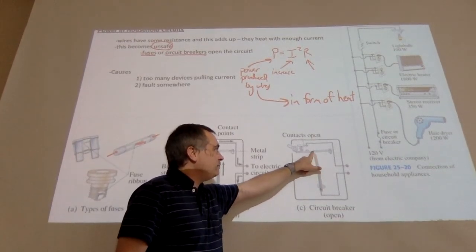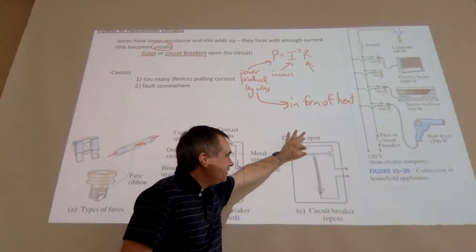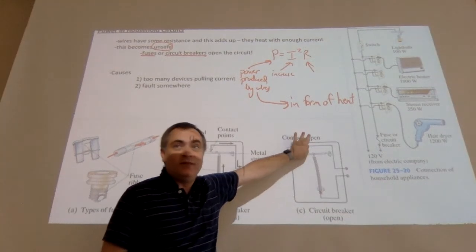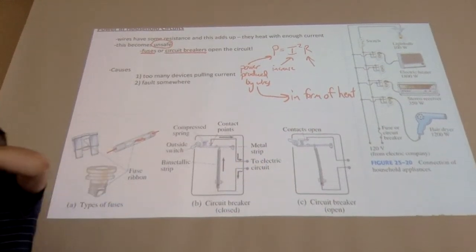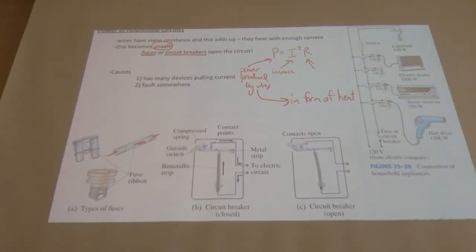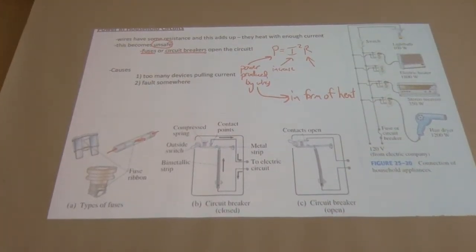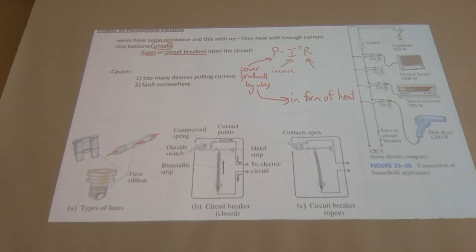When that happens, it pushes this little piece down and creates a little gap in the wire. So just like with the fuse, it literally puts a break in there. The charges are like, fine, got nowhere to go. There's no complete closed loop anymore, okay?